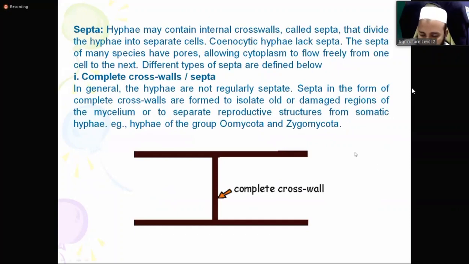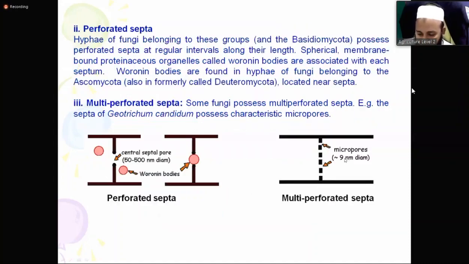And last class we discussed the septa or cross walls in the mycelium. And we discussed different types of septa: complete cross wall, complete septa, perforated septa, multi-perforated septa. In perforated septa, we discussed Woronin bodies, which look like a gate or door.